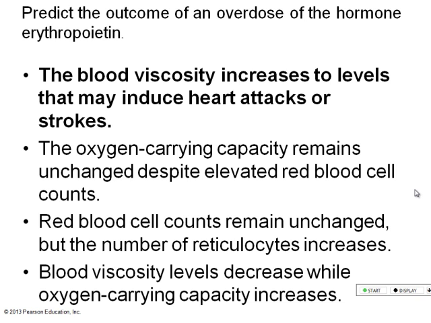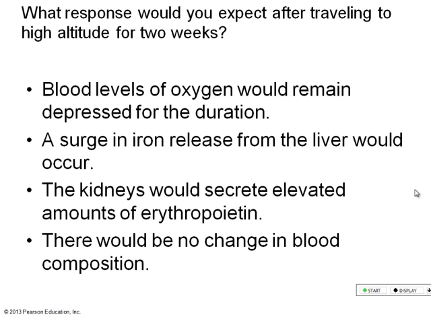What happens to that? It's going to increase. Red blood cell counts remain unchanged? No, because erythropoietin is going to make me have more. And blood viscosity decreases? No, it gets thick, because now I have too many what floating around the circulatory system? Too many red blood cells.